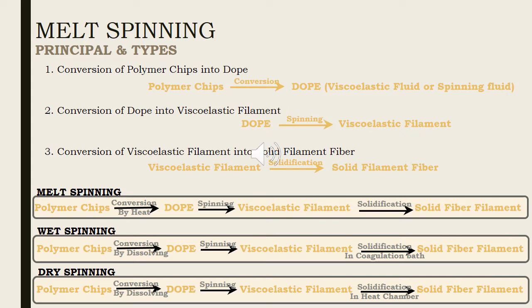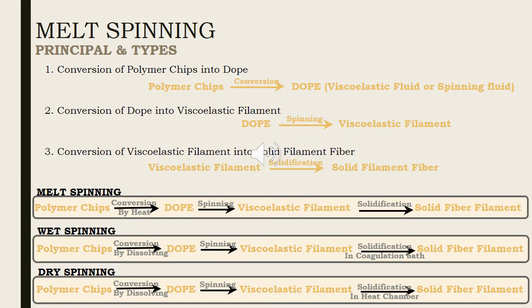In third stage, the viscoelastic filament is solidified into solid filament fiber, which may be formed by extending the viscoelastic filament. Solidification may be obtained by cooling or by submerging extruded viscoelastic filament in a coagulation bath for removal of solvent, or by extruding into heat chamber for evaporation of solvent.